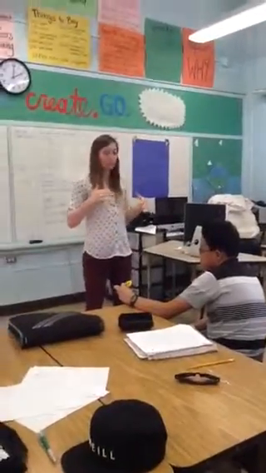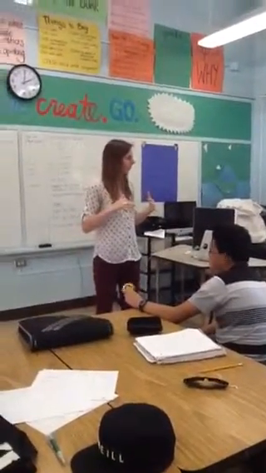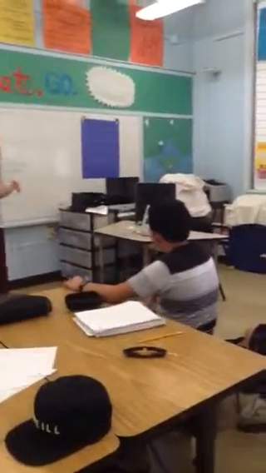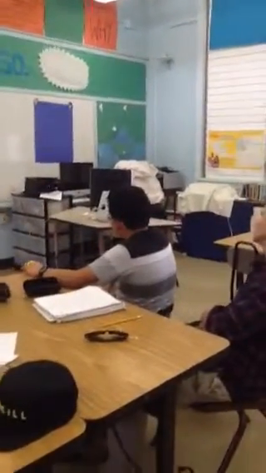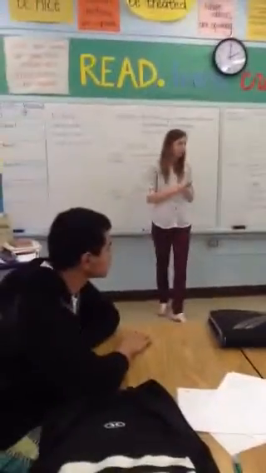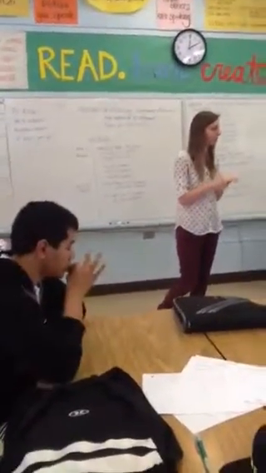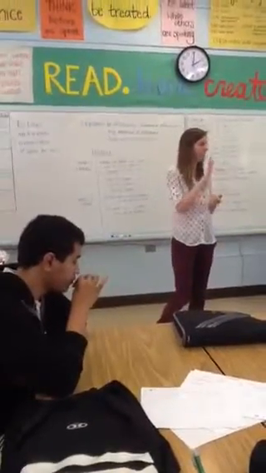So who are you writing about? Our character. Alright, so how many syllables should the first part of your poem have? 5. What about the second line? 7. Peyton, third line. 5.